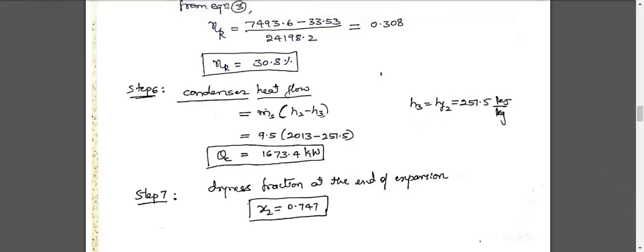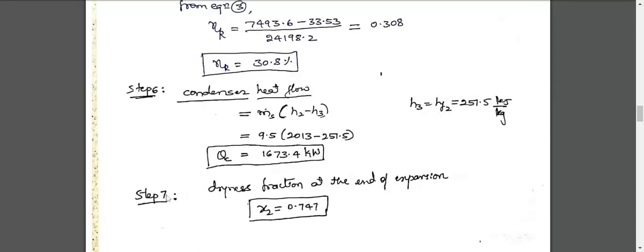As I told you, point number 3 is located on the water line and is related to the condenser pressure. So at condenser pressure, the HF value is 251.5. Sir, you have written H3 is equal to HF2, why not HF3? Because point 2 and point 3 are both at the same pressure. Only the position differs. But point number 3 is on the water line, so HF.